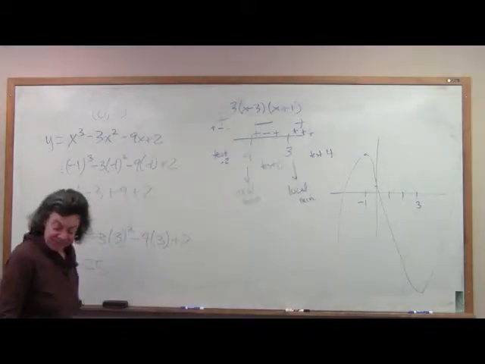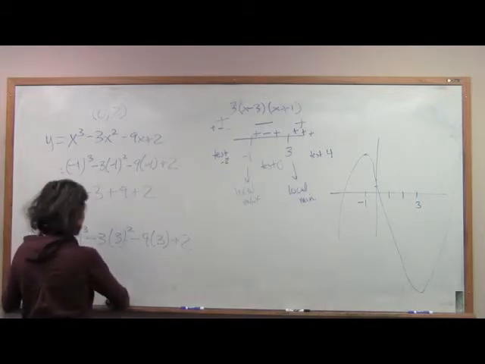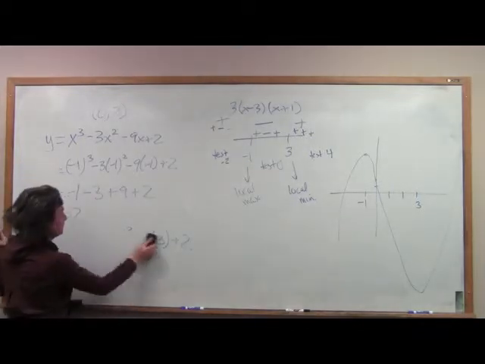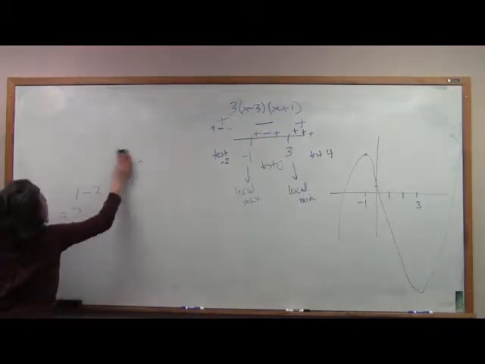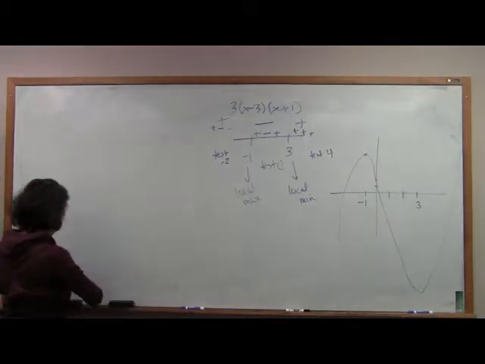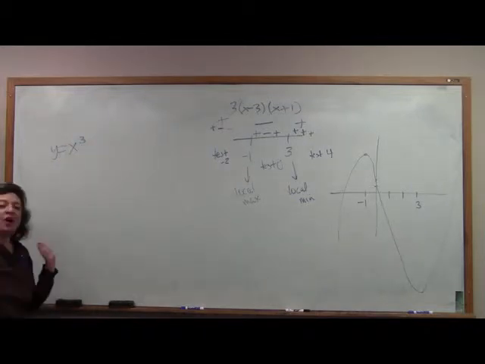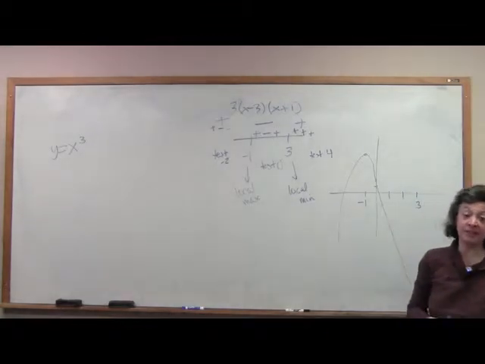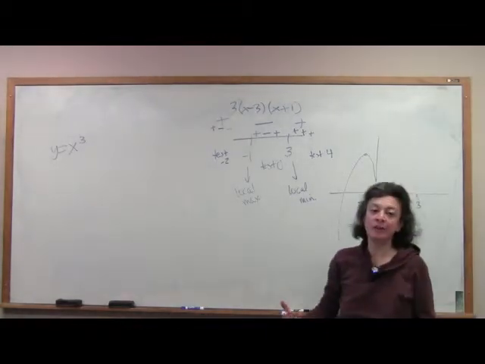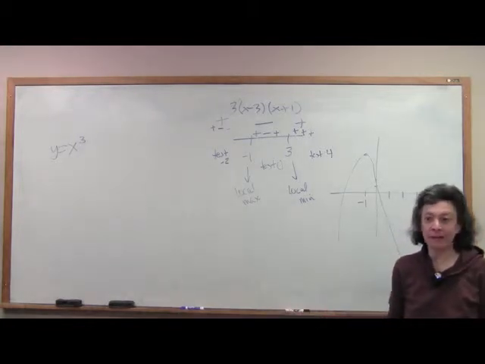All right, so let's do this for just a couple more graphs, and then we're going to introduce something else. Okay? One quick one that I want to show you is our cubic. We've already determined that this function is increasing everywhere, but I want to show you how it looks when your critical point is not a local max nor a local min.